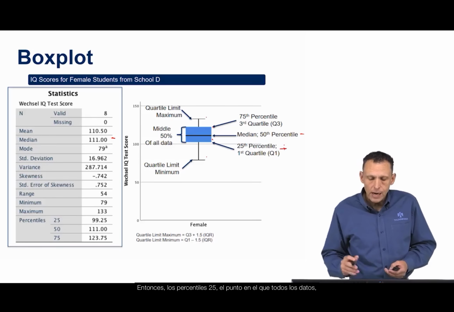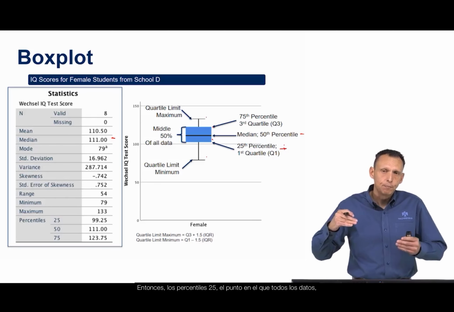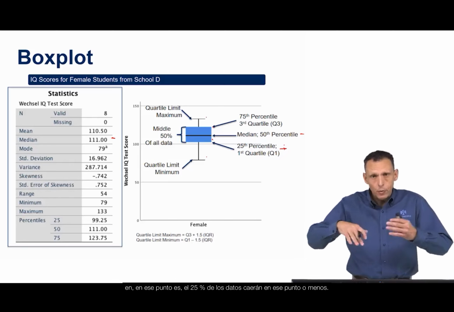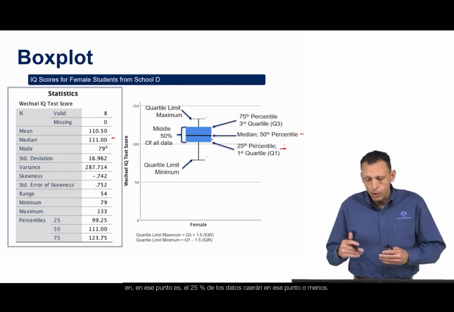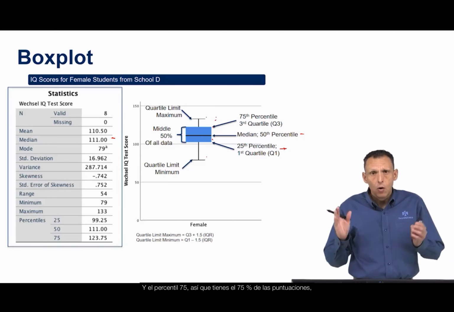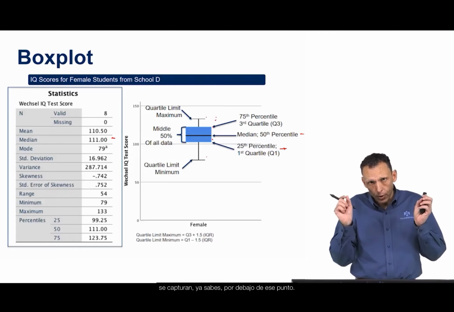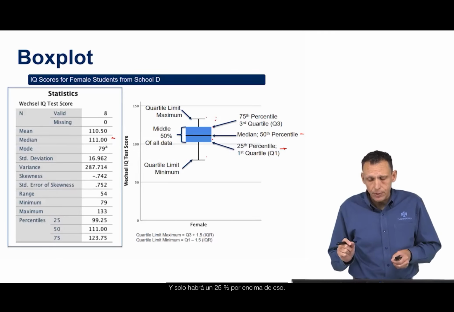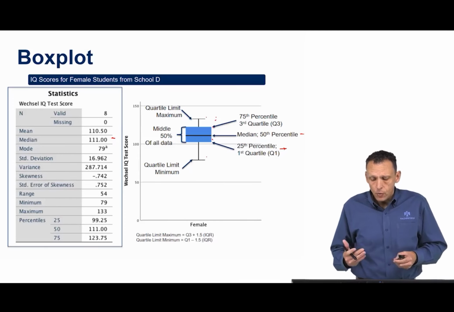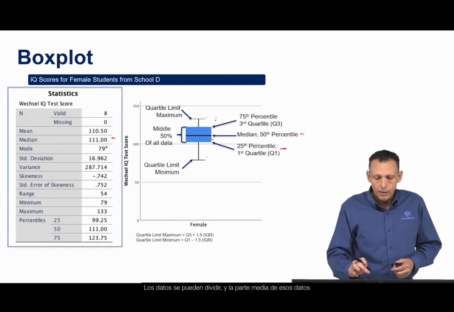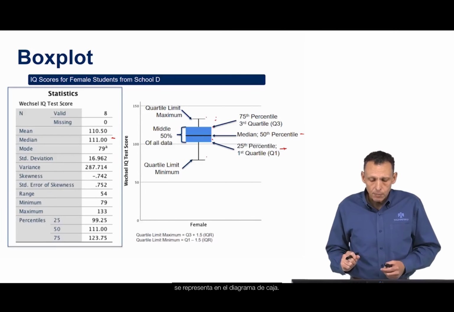The 25th percentile is the point at which 25% of the data falls at or below it. And at the 75th percentile, 75% of the scores are captured below that point, and only 25% are above. We refer to these as quartiles. The data can be divided up, and the middle part of that data is represented in the box plot.